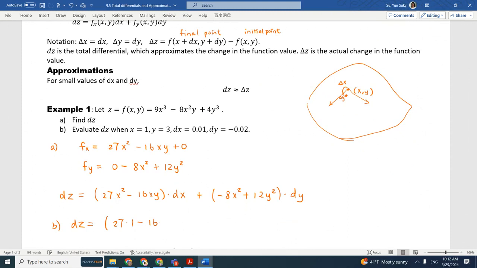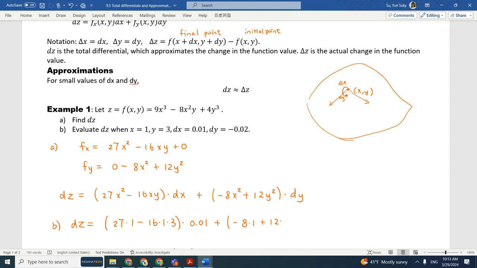Minus 16. x is 1. How about y? 3. What's dx? 0.01. And then plus negative 8. x is 1. And then y is 3.